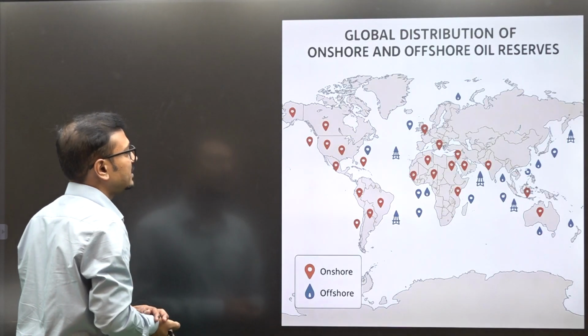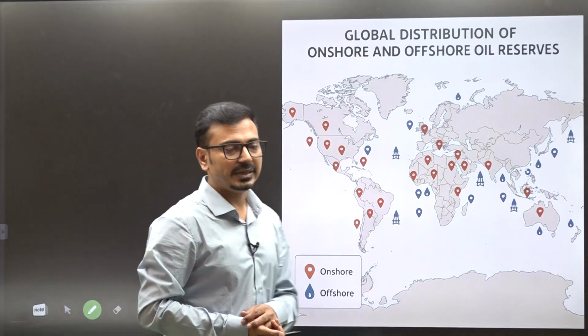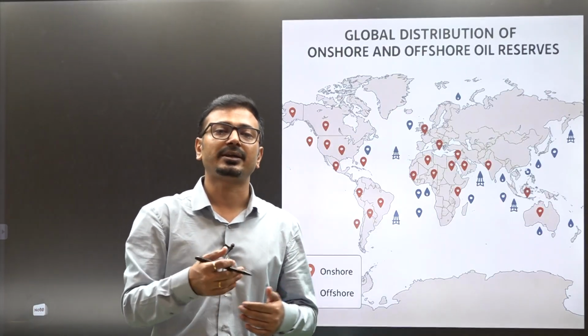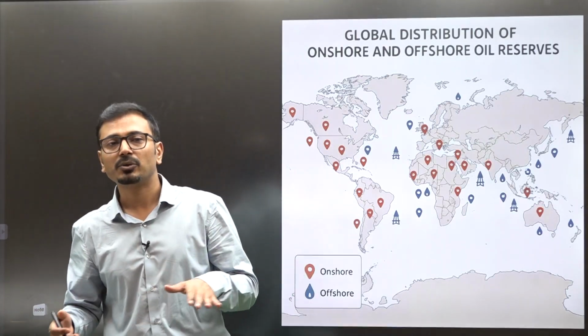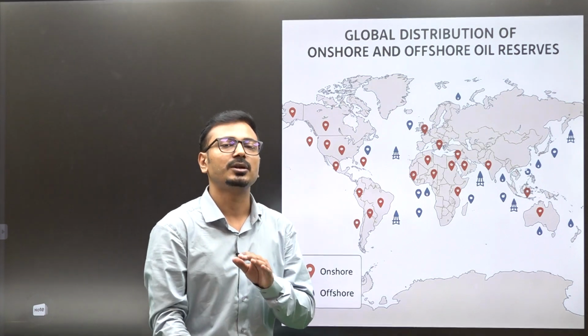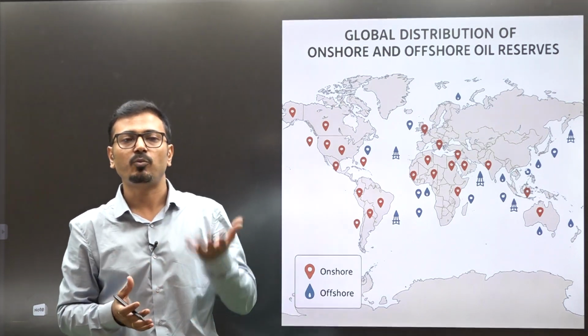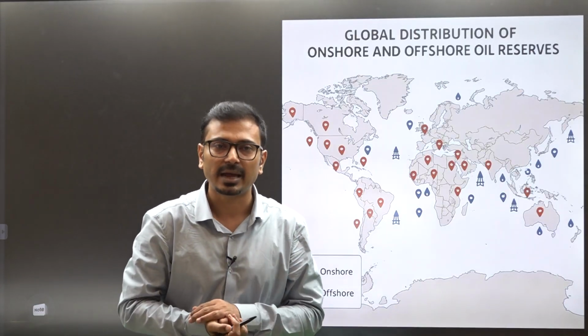Now, when we talk about the formation of crude oil and natural gas, what happens is that due to certain tectonic movement, the land inside the ocean may come up due to orogenic movements, or upward and downward movements on the land.